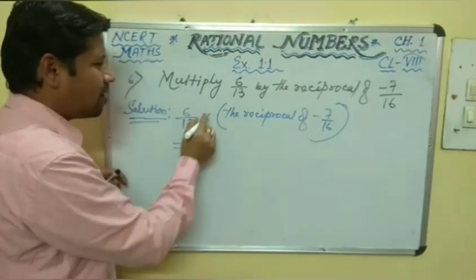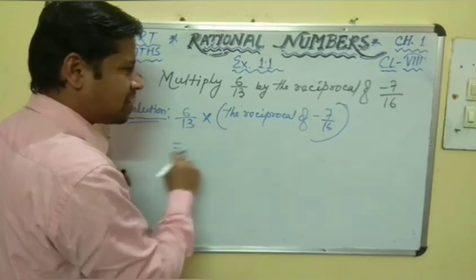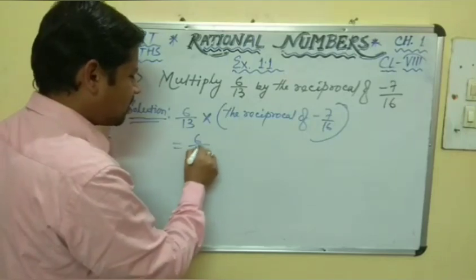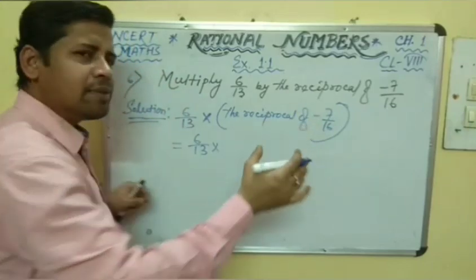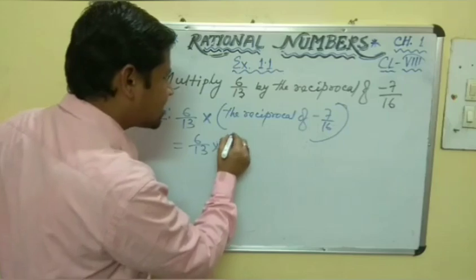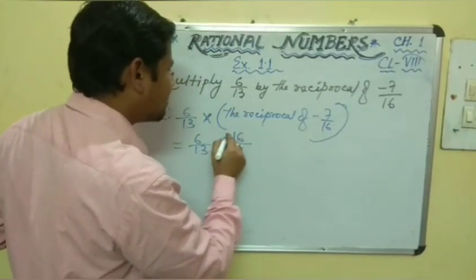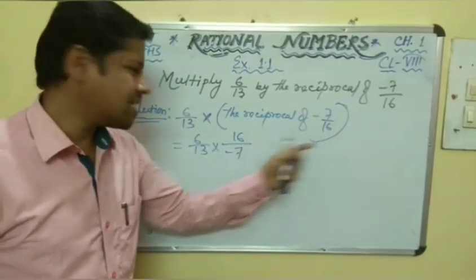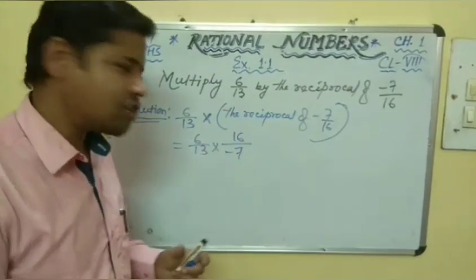So we have used the multiplication sign to the reciprocal of minus 7 by 16. So 6 by 13 will be there. What is the reciprocal of minus 7 by 16? We know that the denominator and numerator will be exchanged. So it will be 16 by minus 7, interchanged.